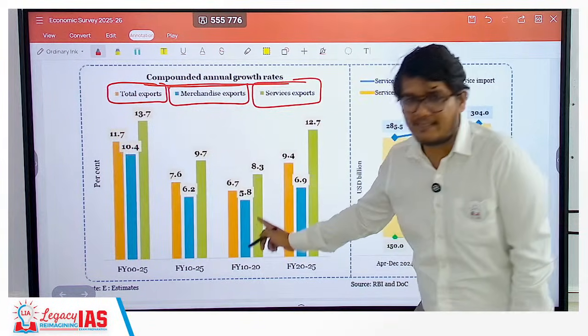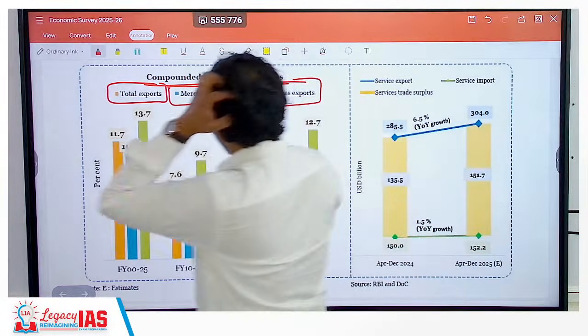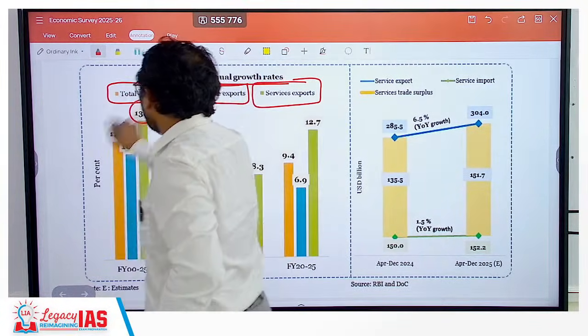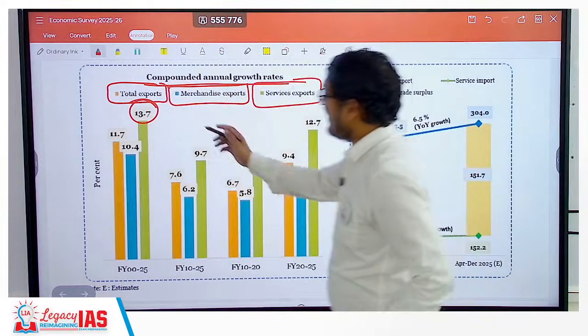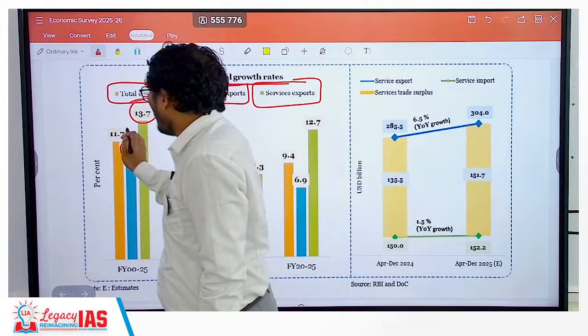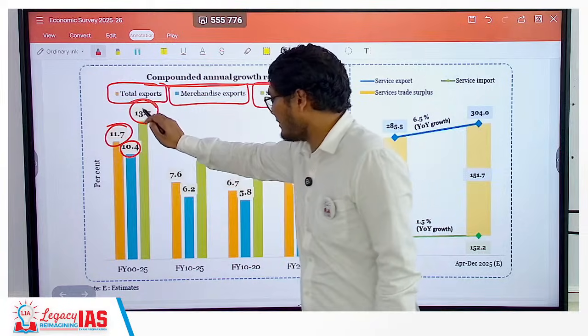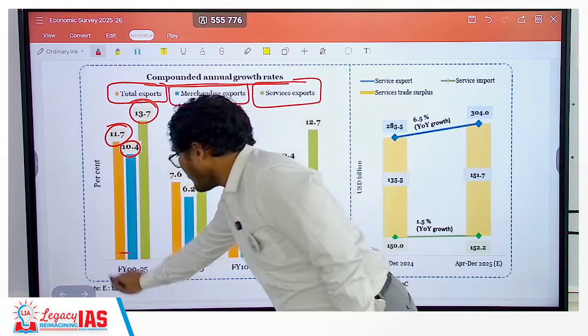You can clearly see that the service exports are the ones driving. The service exports compound annual growth rate is close to 14%, whereas merchandise export is around 10%, as a result of which overall growth is around 11.7%, which is held up by the service sector. So this is for this period.